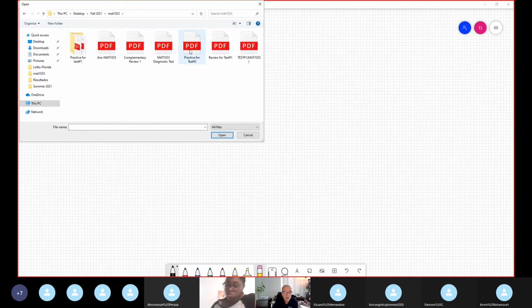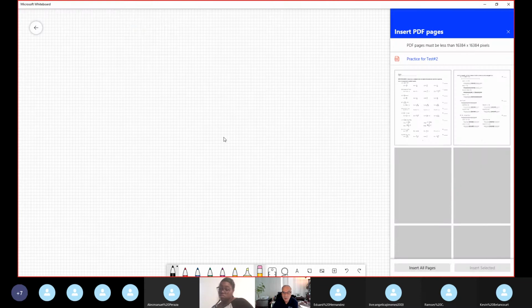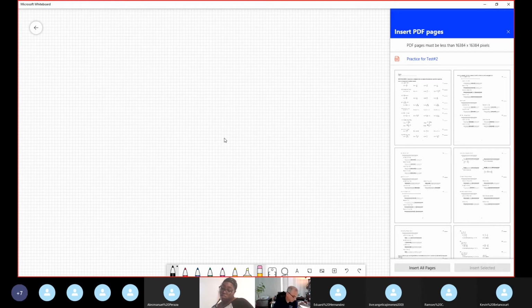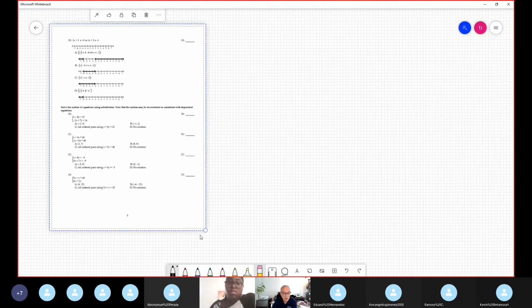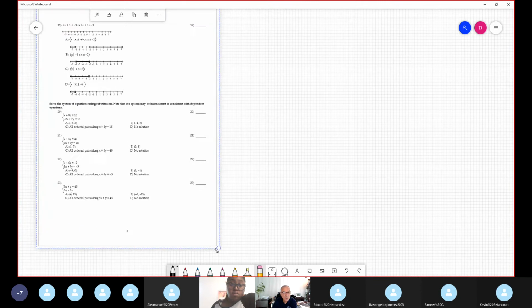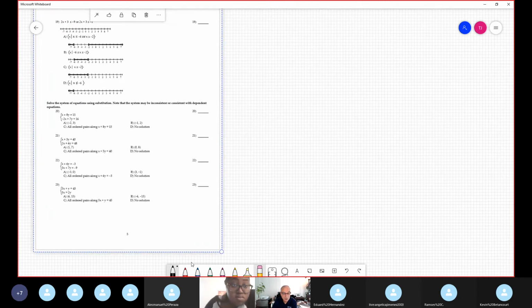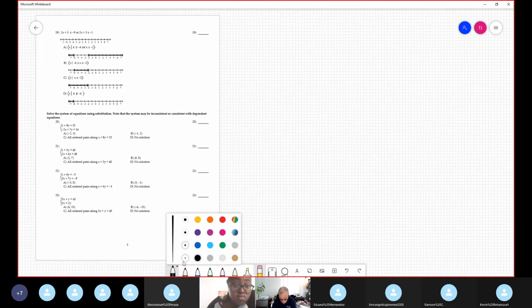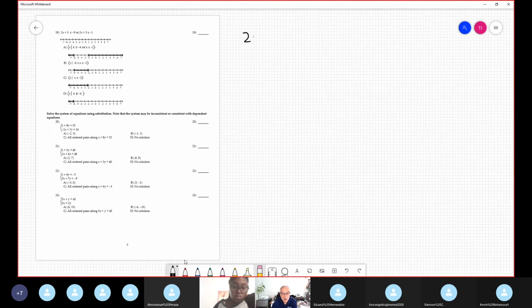Okay, there you go. Practice number 2. What page are we doing? Page number 5. Page number 5 is this page. Boom. Let me enlarge this page a little bit, and we are doing problem 20. Okay, 20.